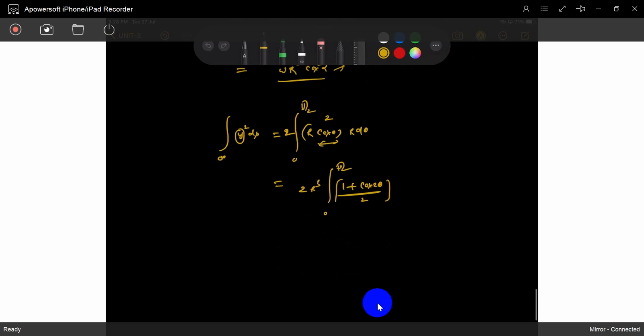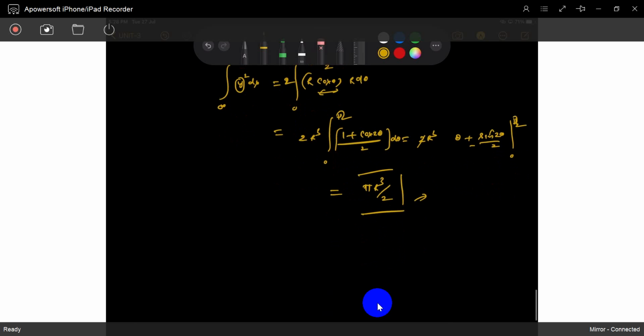The 2 will cancel, so theta plus sin 2 theta by 2, 0 to pi by 2. If you apply the limits, you get pi r cube by 2. So that's the value.